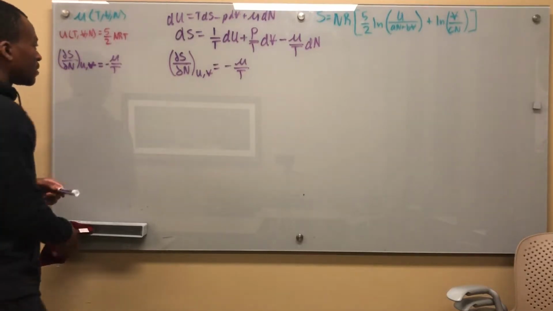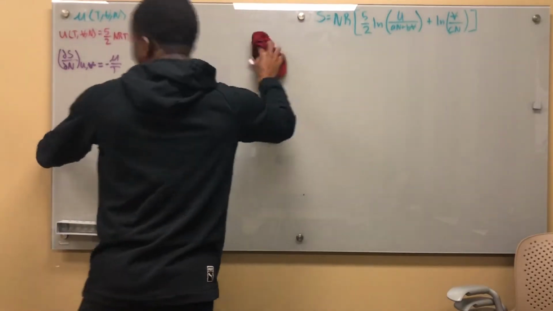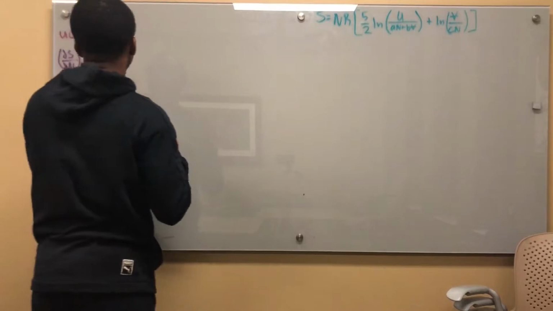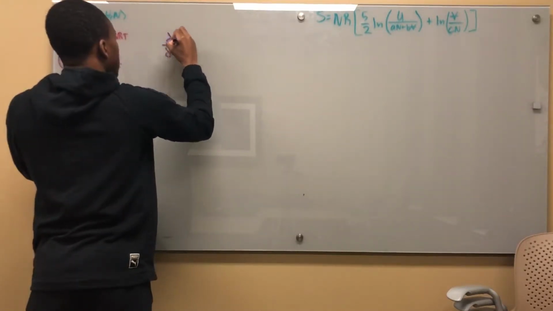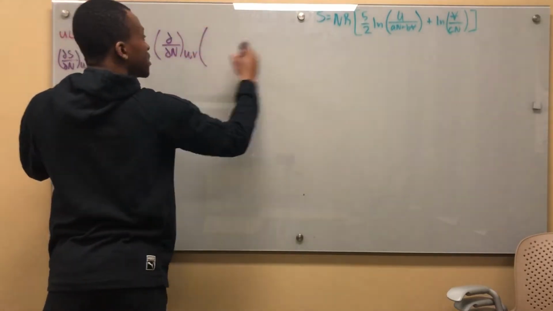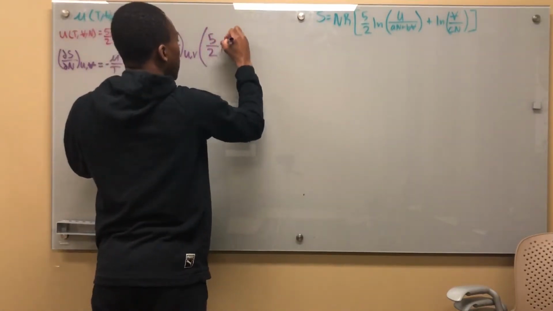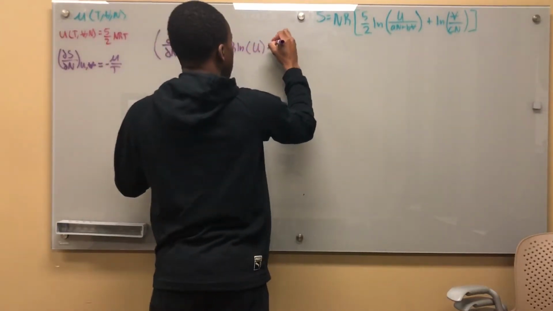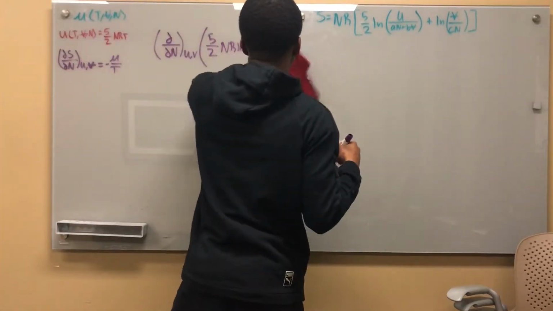Okay. Now, I'm gonna erase this and I'm gonna solve for this. So I can say that del del n at constant u v of this whole thing, right? So we've done this before. I'm just gonna distribute everything out, right? nr ln of u minus nr, oops, I want that 5 over 2 in the front.